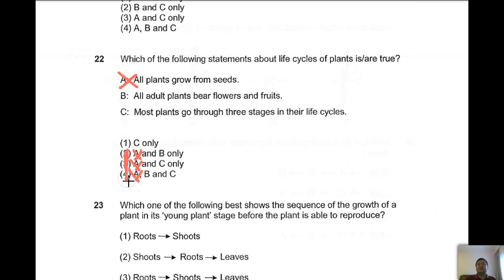Now let's check B. All adult plants bear flowers, fruit. Wrong. Anyone with B is wrong. Of course C is definitely correct. Most plants go through 3 stages of life cycle. Even though you have C here, you have 2 wrong, so it is not right. So only 1 is the answer. Interesting.